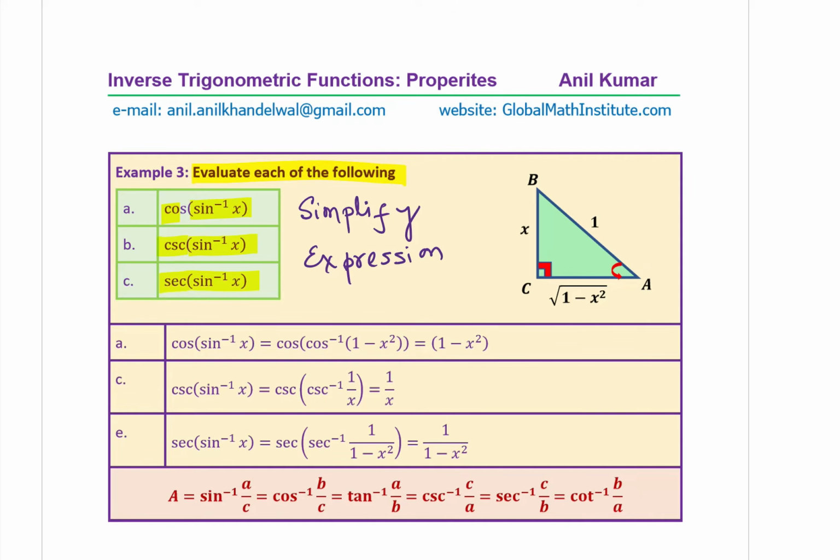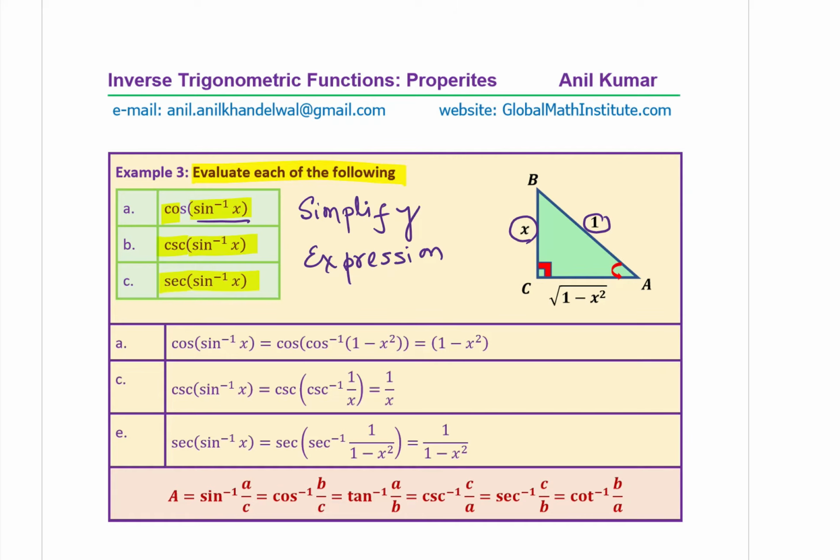Now, let us see how we solve such questions. When we say sine inverse x, that means the opposite side has length x and the hypotenuse is 1. Now you can always find the third side using the Pythagorean theorem, so it is definitely the square root of 1 minus x squared.